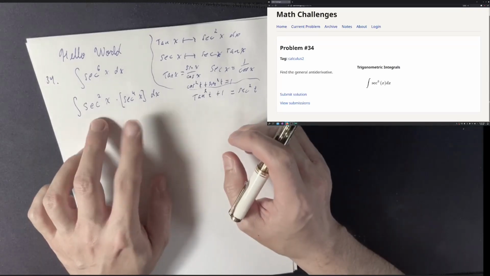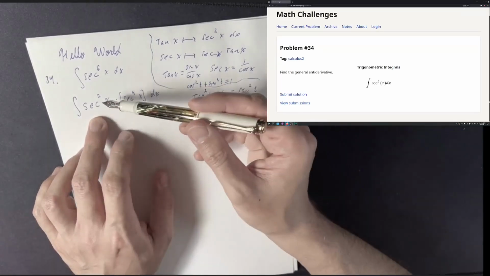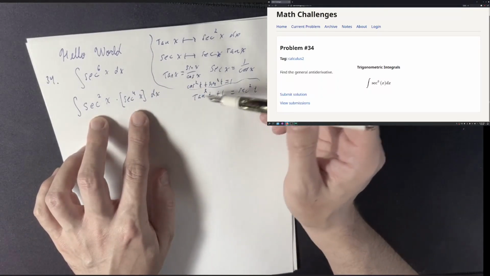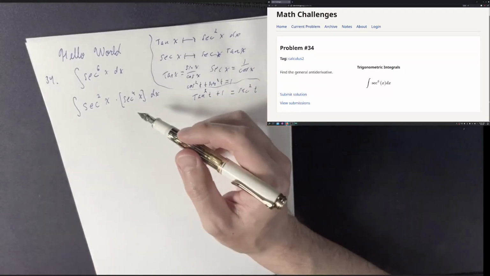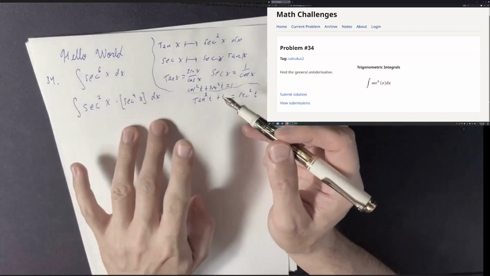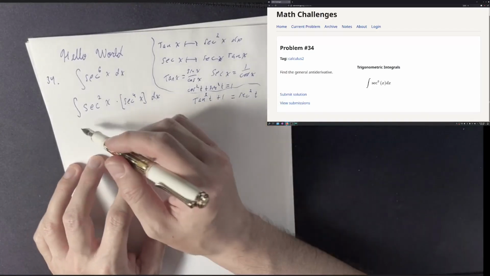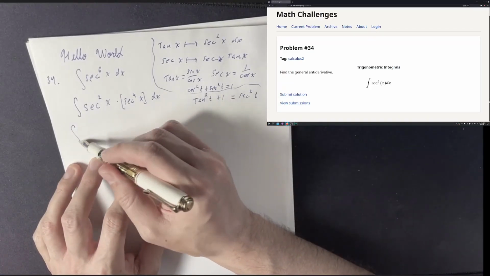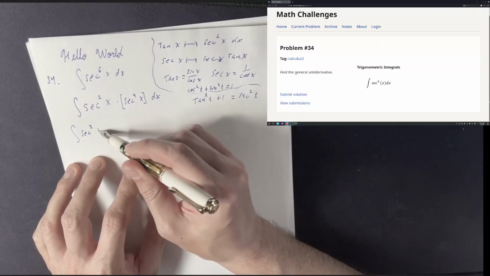Well, I no longer have secant squared. I have 1, and then tangent squared times it. But this is also being squared, so I actually end up with 3 terms.